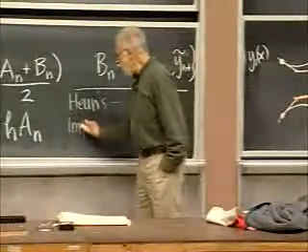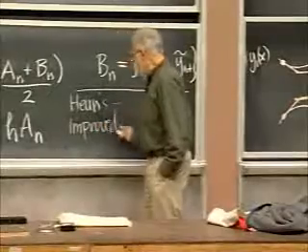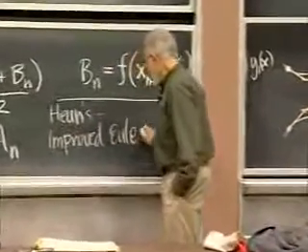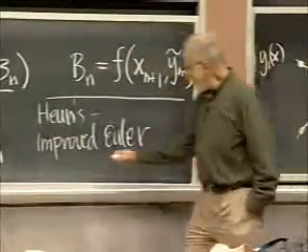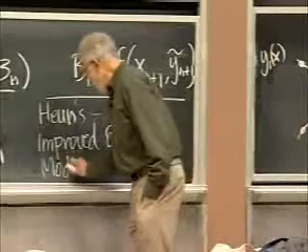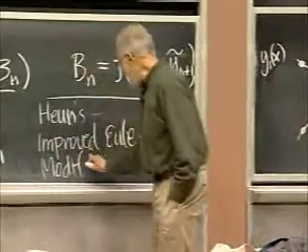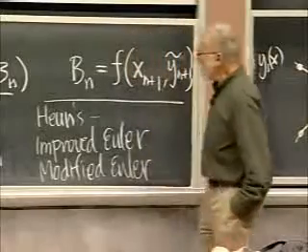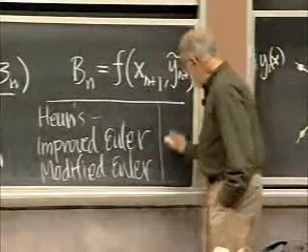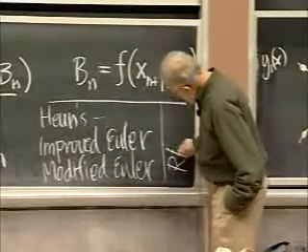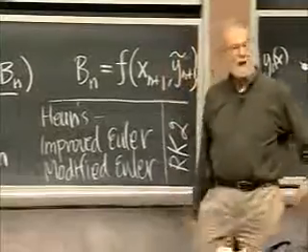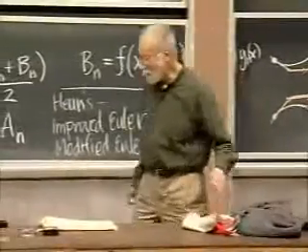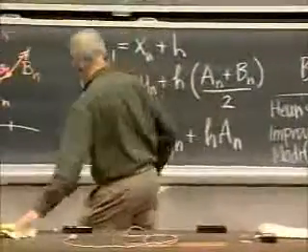It's called also the improved Euler method. It's called modified Euler. Very expressive word. Modified Euler's method, and it's also called RK2. I'm sure you'll like that name best. It has a Star Wars sort of sound to it.